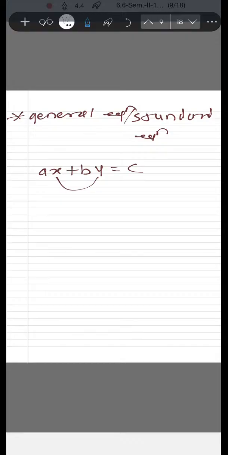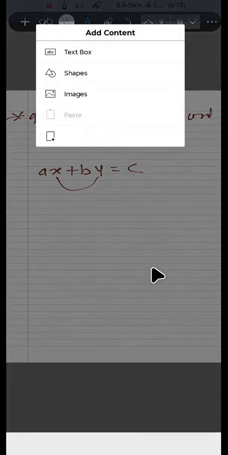When two variables come, we always need at least two equations to find the solution. How many equations? Two equations. Only then will you be able to solve the questions.